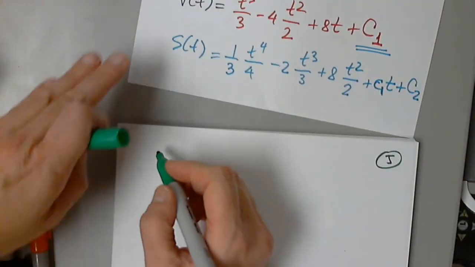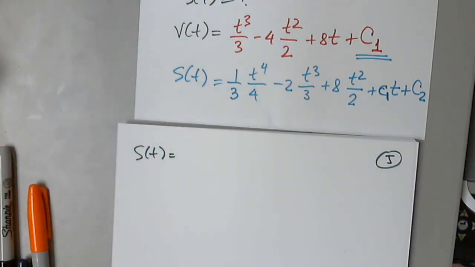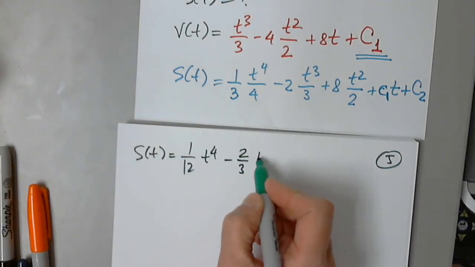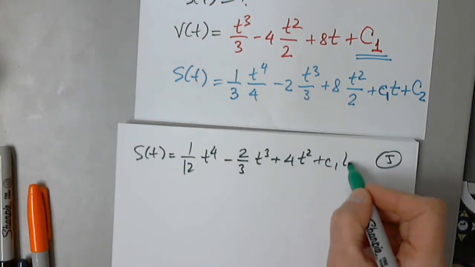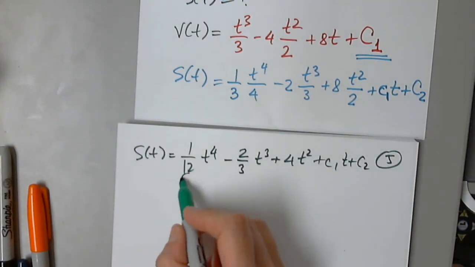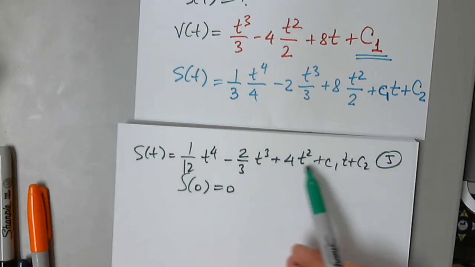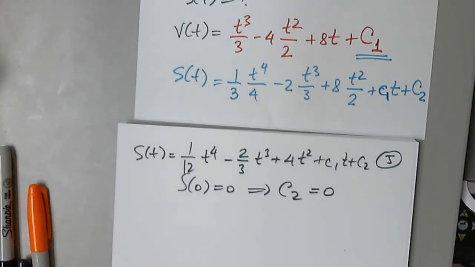I will write S of t equals 1 over 12 t to the fourth minus 2/3 t cubed plus 4t squared plus c1t plus c2. And now S of 0 equals 0. You understand all these terms will be 0. Therefore, C2 is 0. Would you agree?